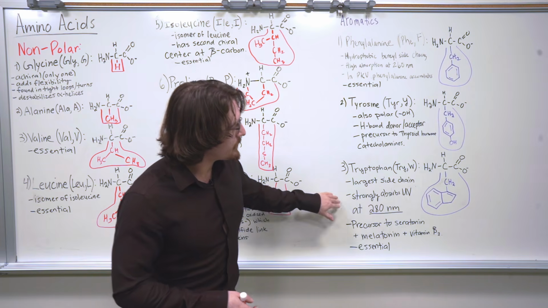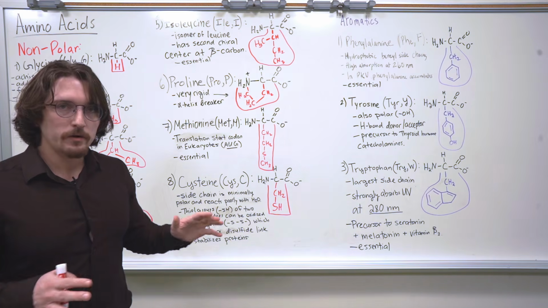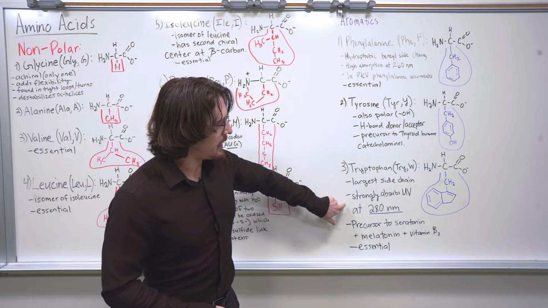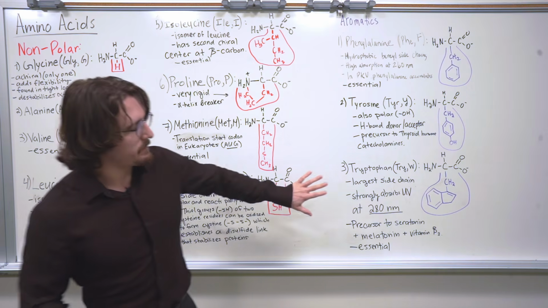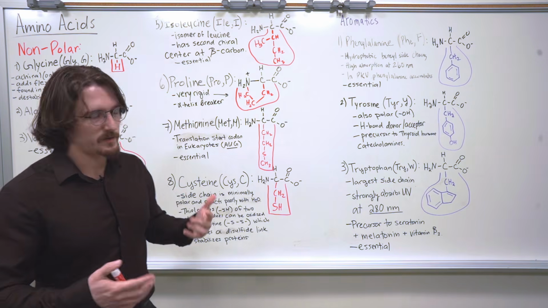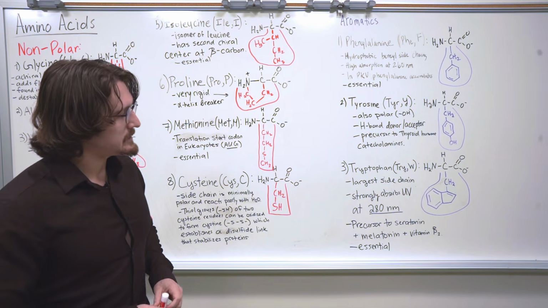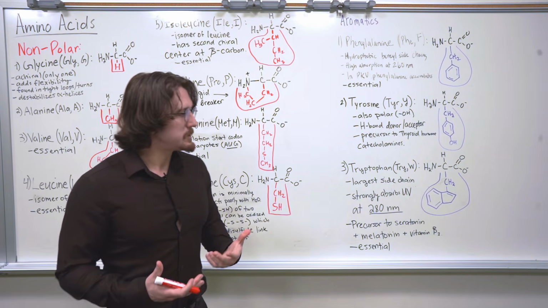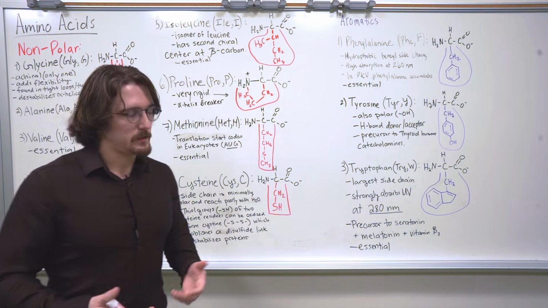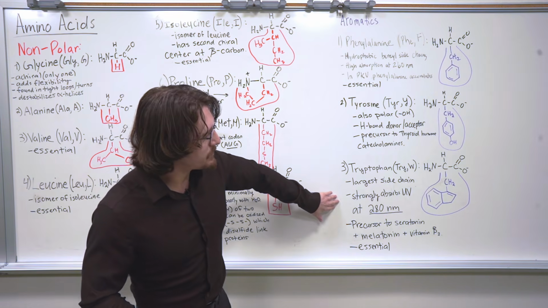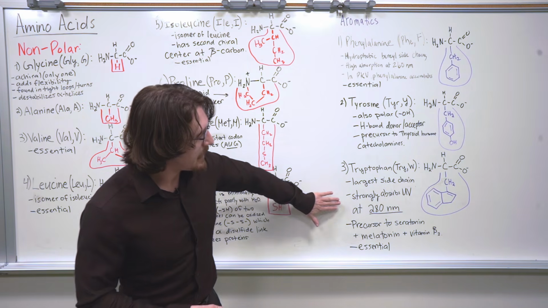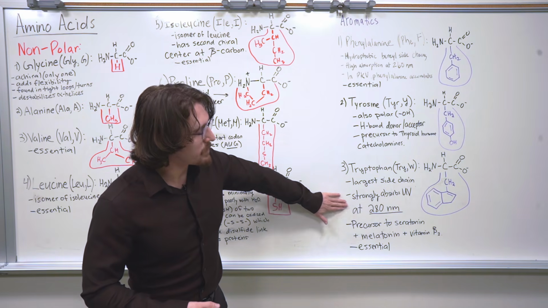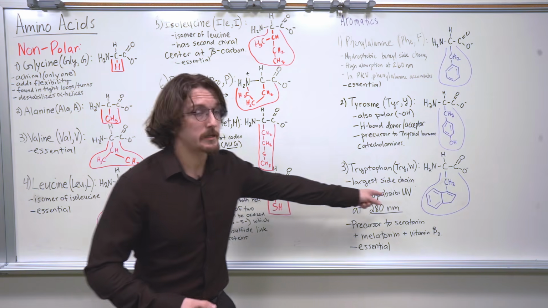And then this one really absorbs UV light very strongly at 280 nanometers, okay, this wavelength. And it's really this amino acid that in proteins has sort of the strongest absorption. And typically, when you do these sorts of analysis experiments, you can detect proteins or the relative amount of amino acids and stuff like that in solution by detecting absorption at 280 nanometers, and that's thanks to tryptophan.